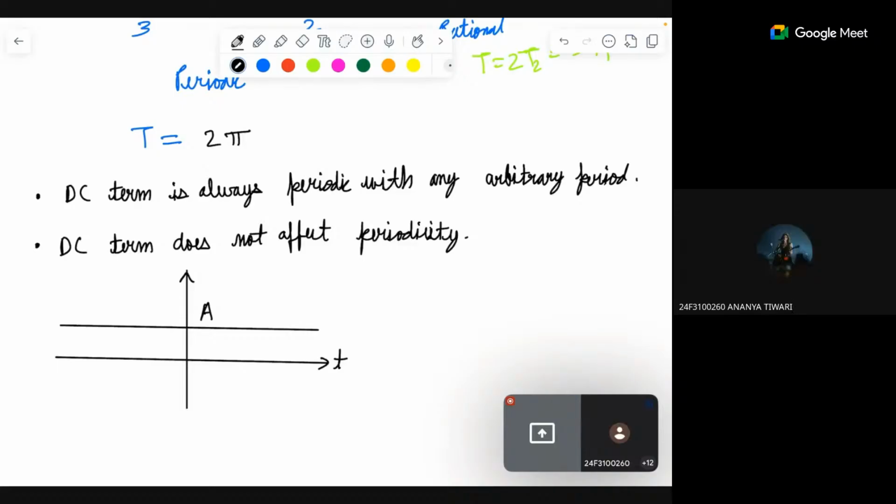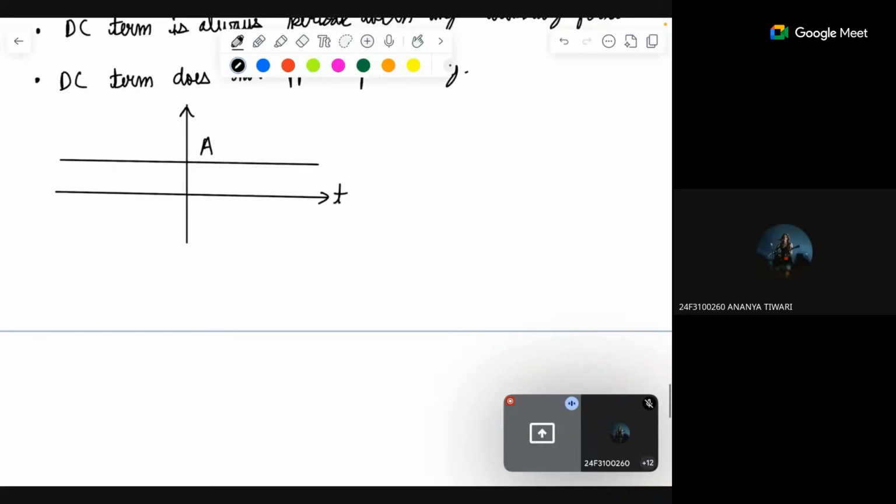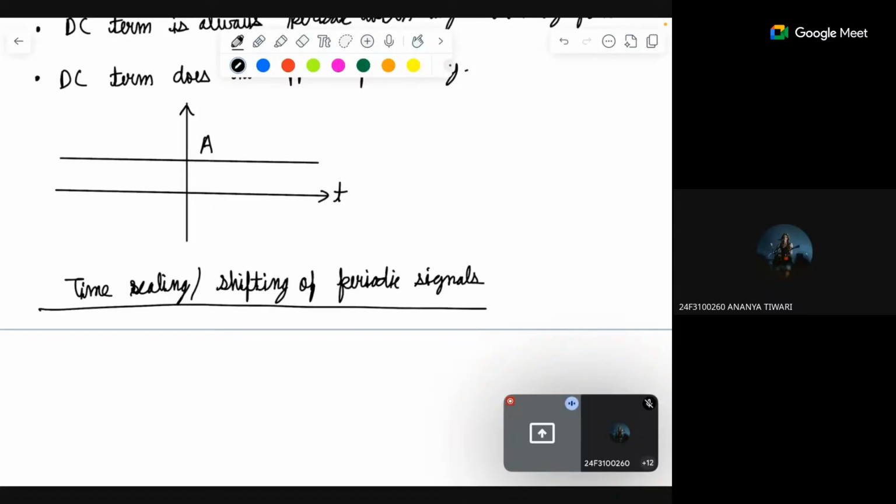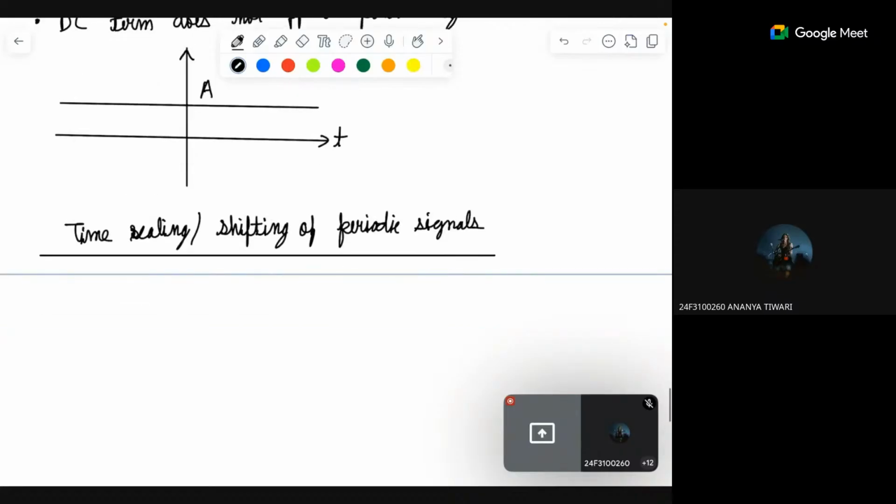Yes, ma'am. Okay, now let us move to time scaling and shifting of periodic signals. Does time shifting affect periodicity?